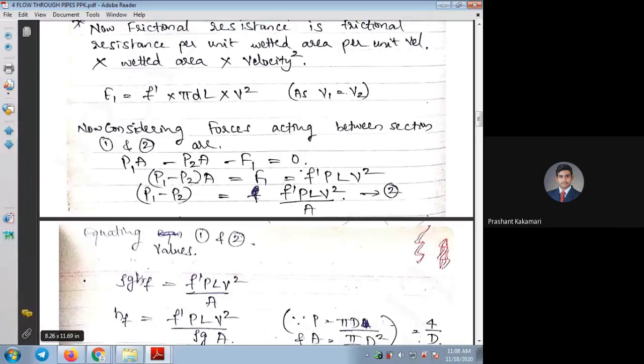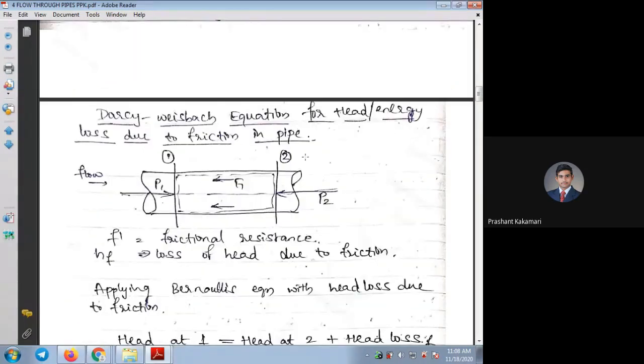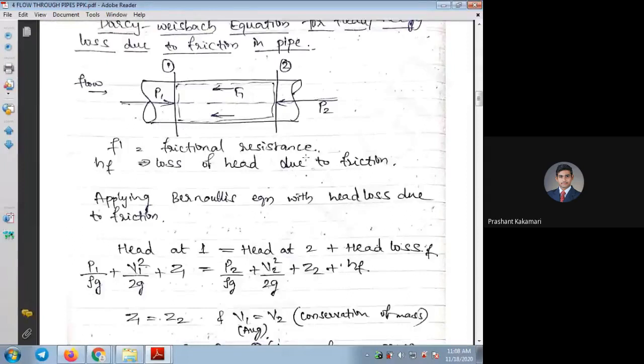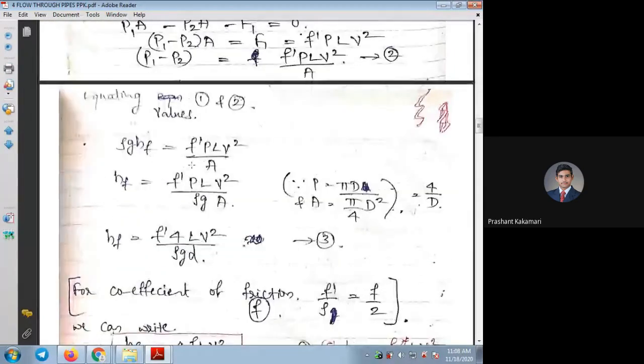Taking HF, because finally in Bernoulli's equation we want HF, which is the head loss due to friction. If you don't directly know HF, in other terms it is given by the Darcy-Weisbach equation. So now HF I can rewrite as F dash P L V square divided by rho G into A.